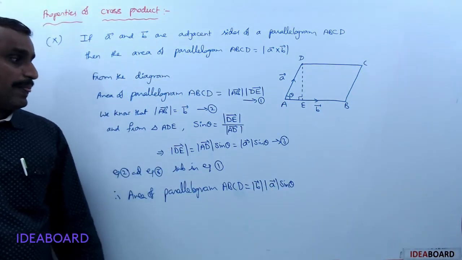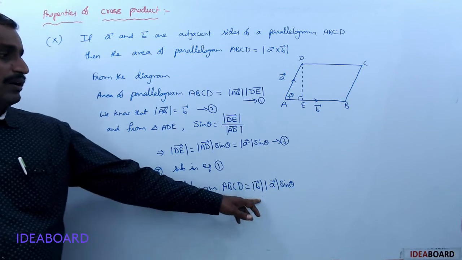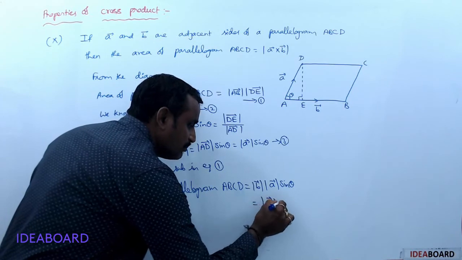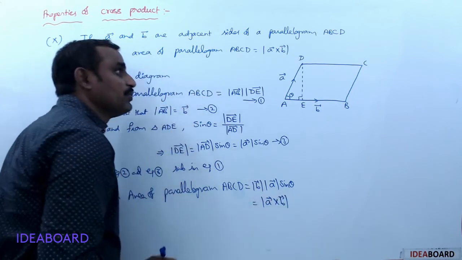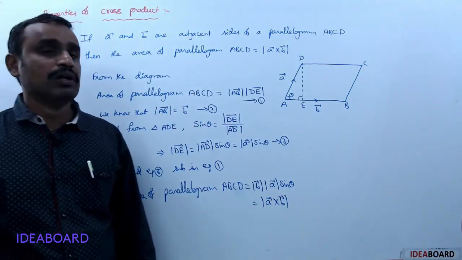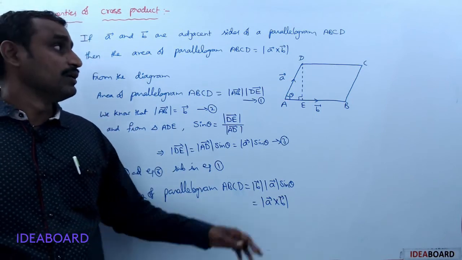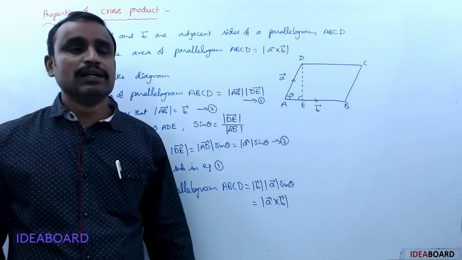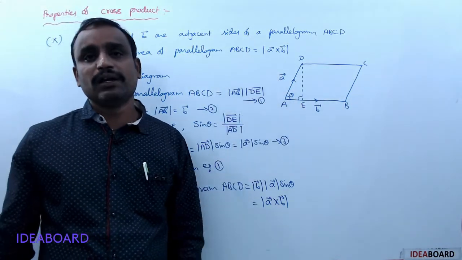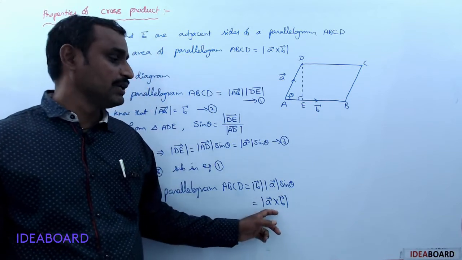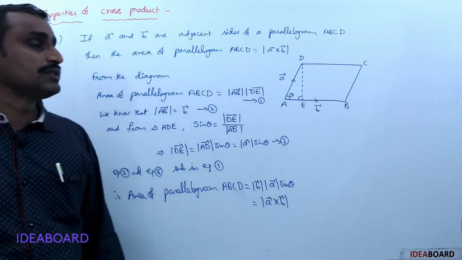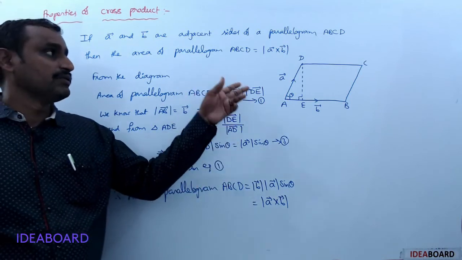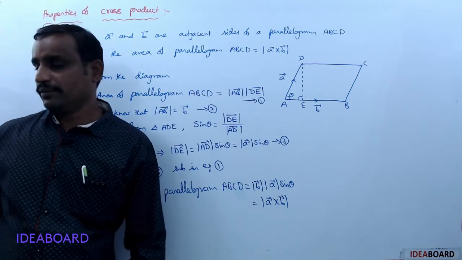So this is the formula of magnitude of A bar cross B bar. Hence proved. So if you want to calculate the area of the parallelogram, when the adjacent sides are given, you can apply this formula. Note down, this is also a very important formula. Okay, next we will discuss the next property.